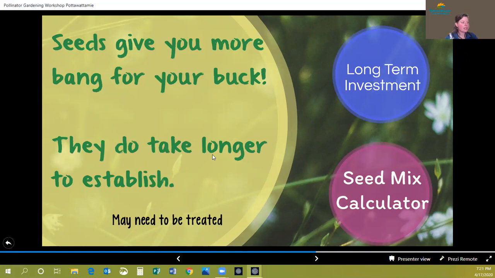Sometimes if you are germinating your own seeds inside, like I do, I germinate seeds over the winter because I go crazy if I don't have plants to play with. So there's different ways, and we're not going to get into seed germination. Again, there's too many things we could talk about, but please note that if you do have native seeds and you're trying to start them, do a little research because a lot of times they need something special to break their dormancy.